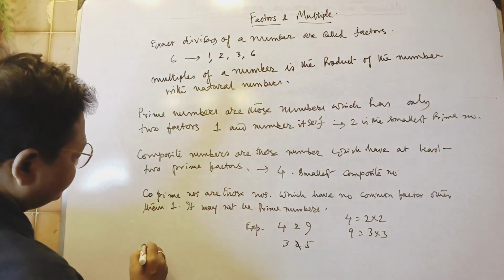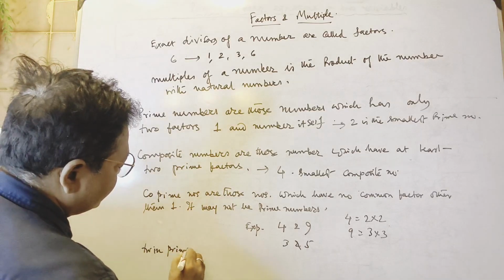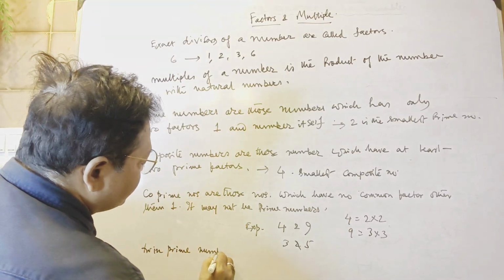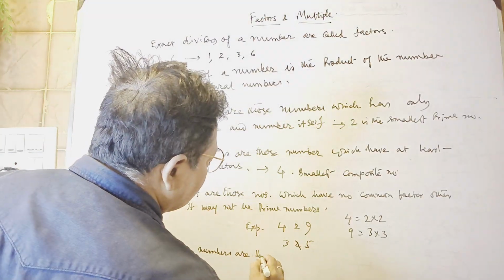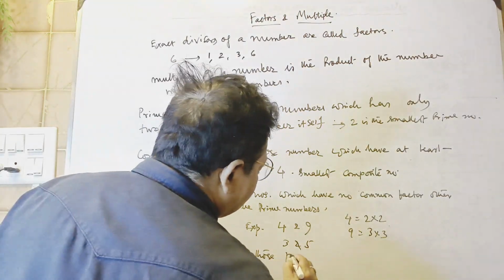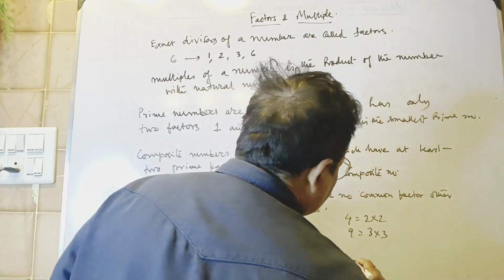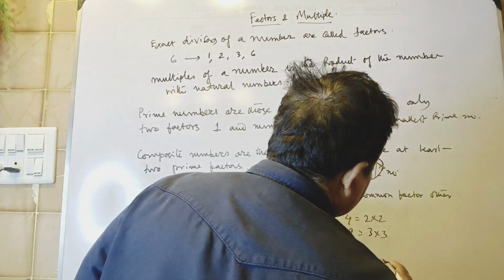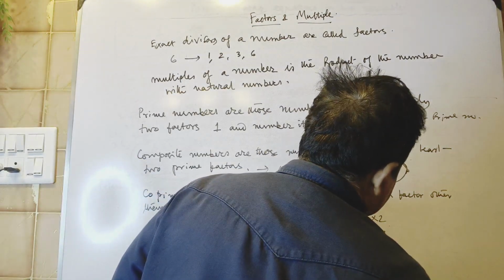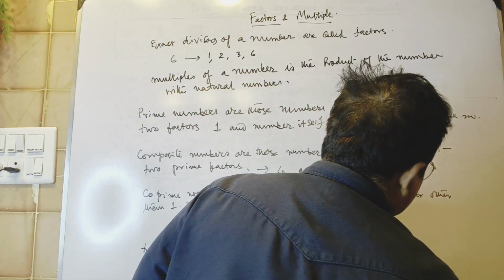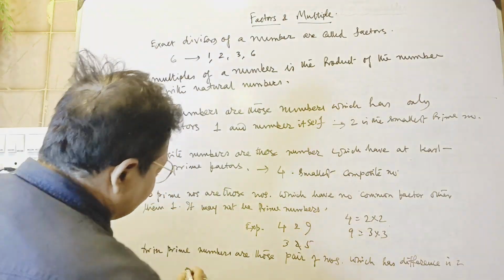Then we will come to twin primes. Twin prime numbers are those pairs of numbers whose difference is 2.